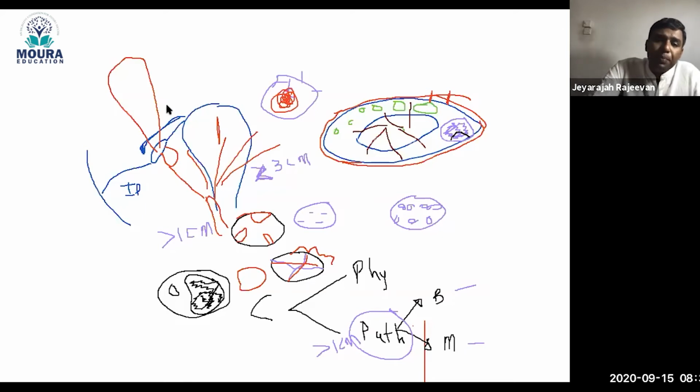So when compared to a benign cyst, the malignant cyst will have high vascularity. The benign cyst will not have that much vascularity. So if you do the Doppler study of the cyst, the vascularity will be high. See how simple this is.